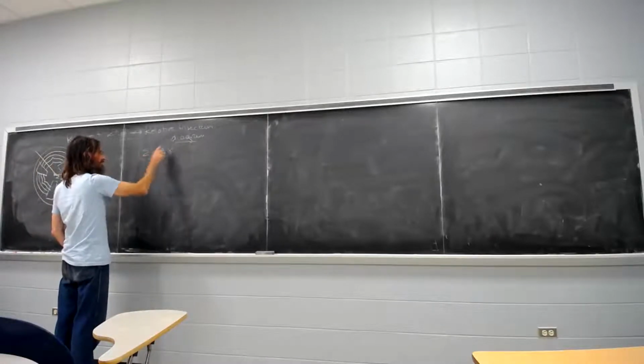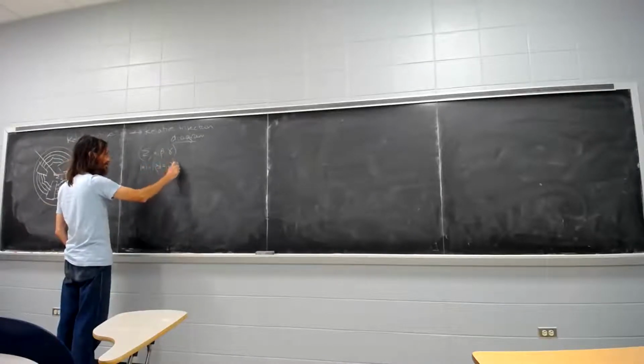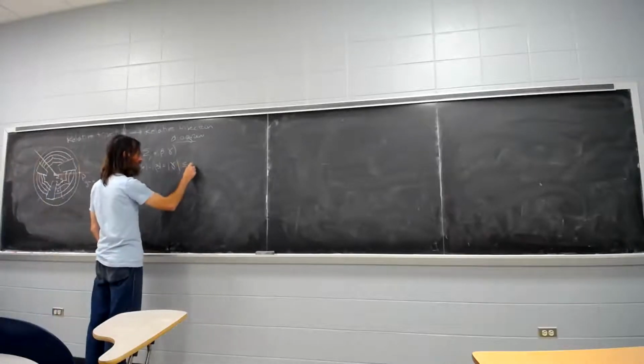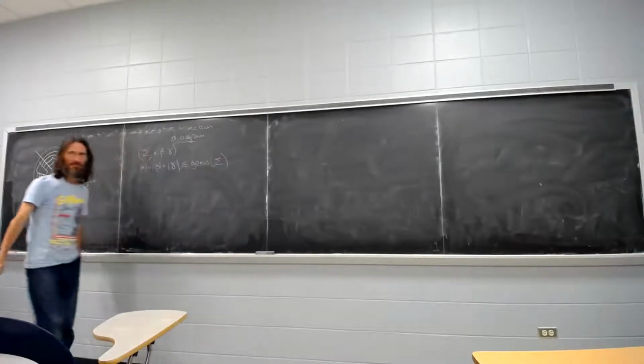But the important point is that you should expect the number of curves in alpha to be the same as the number of curves in beta, the same as the number of curves in gamma, but that's less than or equal to the genus of sigma. It's not necessarily equal to the genus of sigma, that's all.